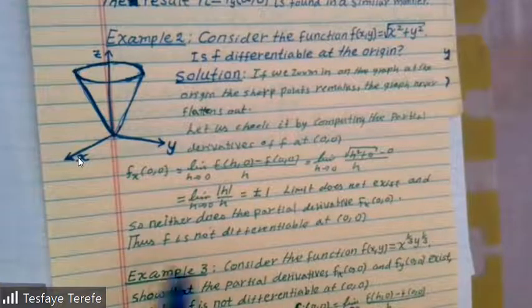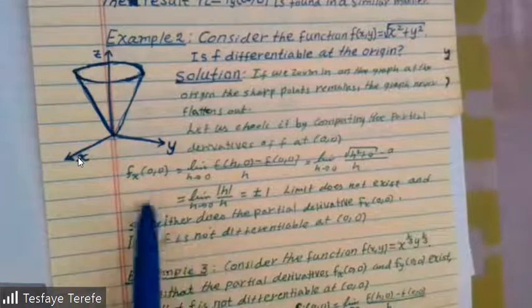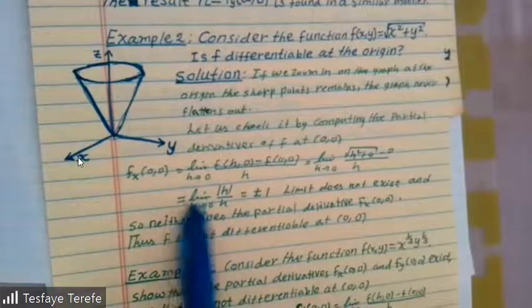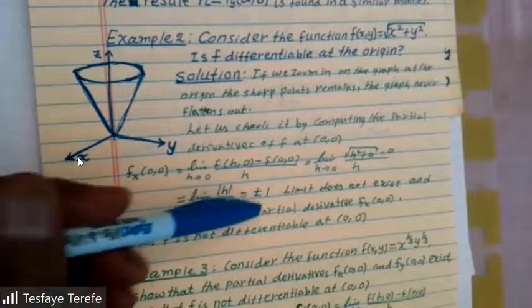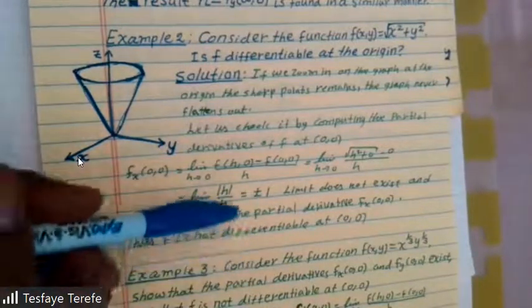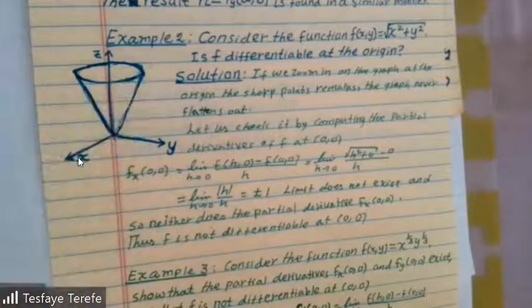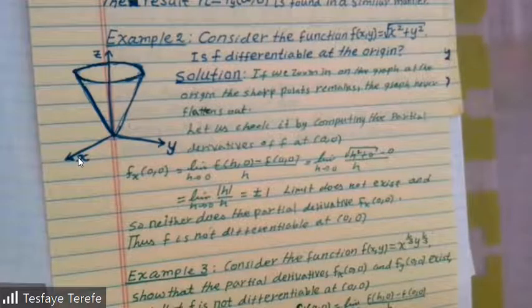This is along the x direction, where we are finding the partial derivative. The square root of h squared is the absolute value of h. Absolute value of h divided by h is plus or minus 1, because absolute value of h is h when h is greater than 0, and negative h when h is less than 0.